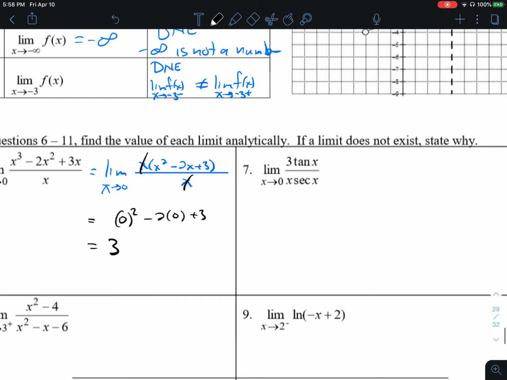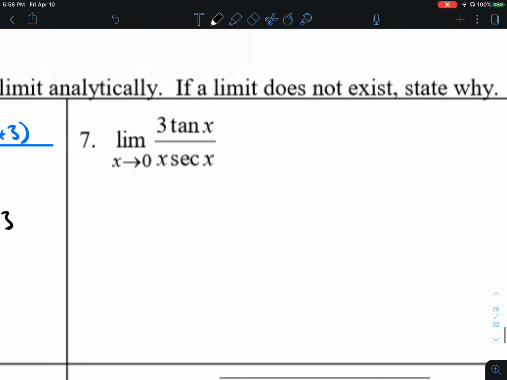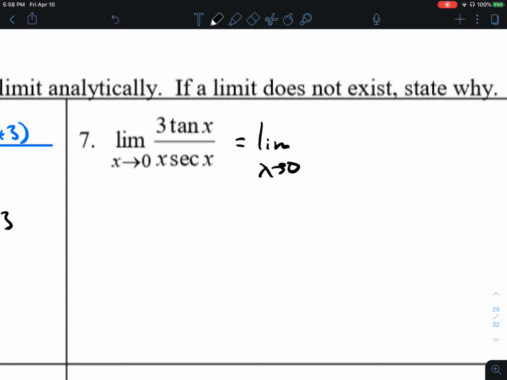Number 7, if you try to evaluate this directly, just like the previous one, it's going to be undefined. So we can change this a bit. First of all, I'm going to take this coefficient of 3 and put it into the front. I'm going to change tangent of x to sine of x over cosine of x.